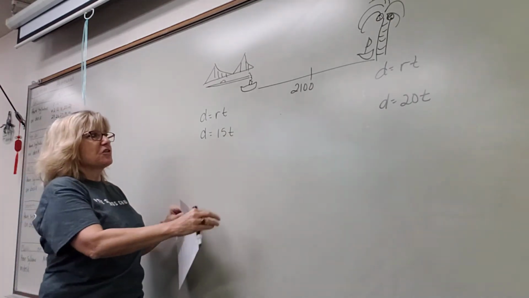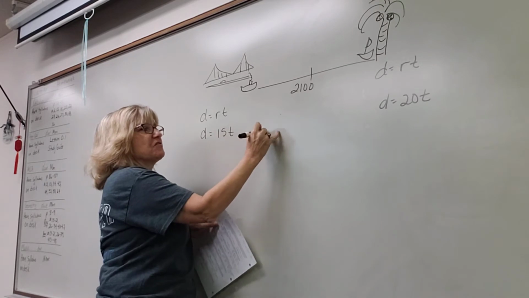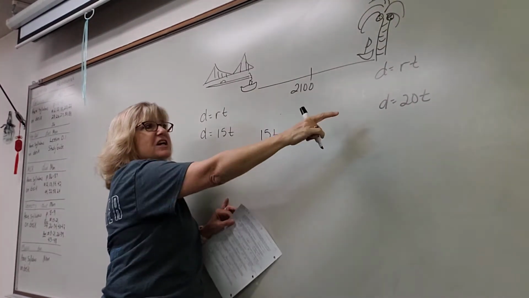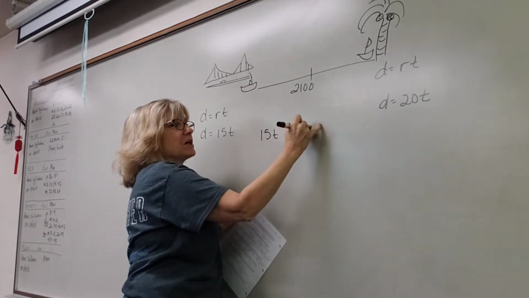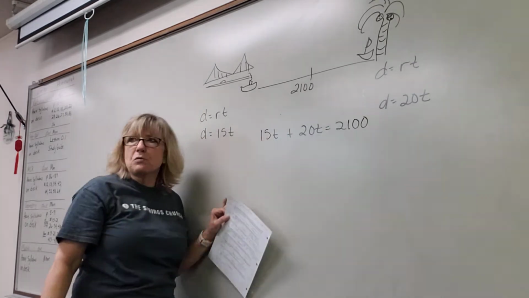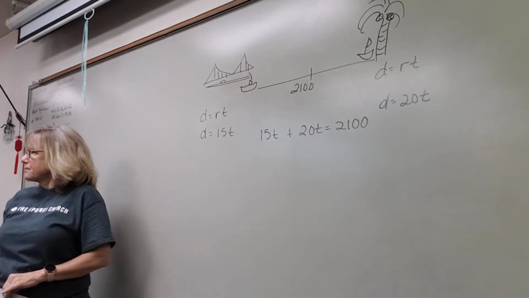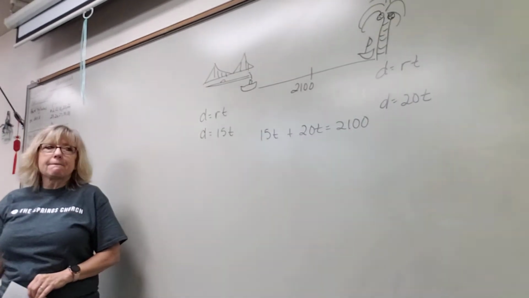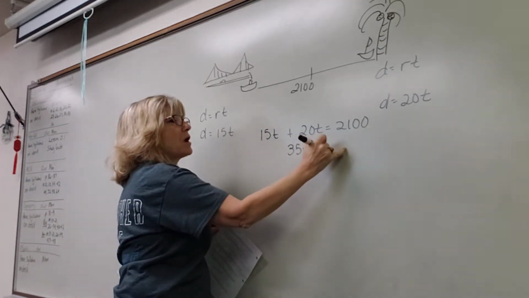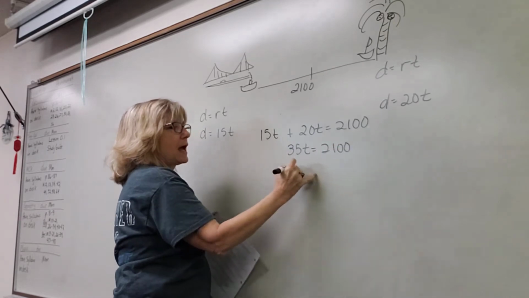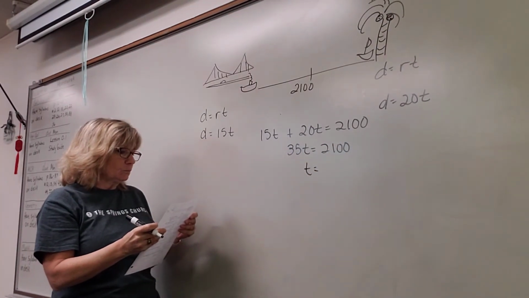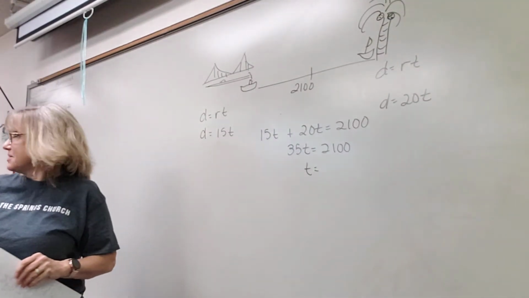So I'm going to say his distance, which is 15T, plus his distance, which is 20T. Add them together, they must equal 2,100. So we have 35T equals 2,100, and divide by 35, and that's going to give you something. I bet it's going to give you 60.